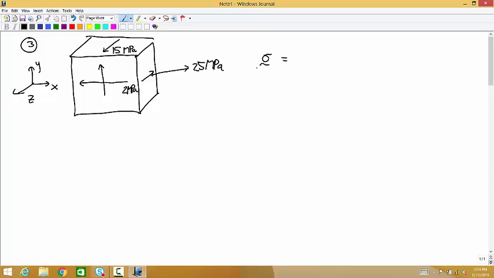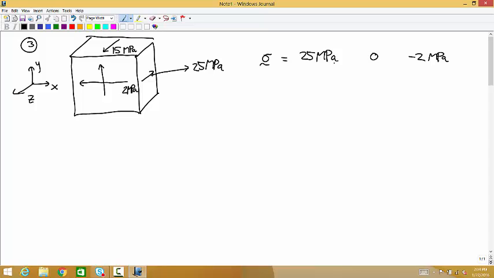Okay, so we have 25 megapascals in the positive x direction. We have nothing on the x face in the y direction. And then in the negative z direction, we have one that's 2 megapascals. So negative 2 MPa.